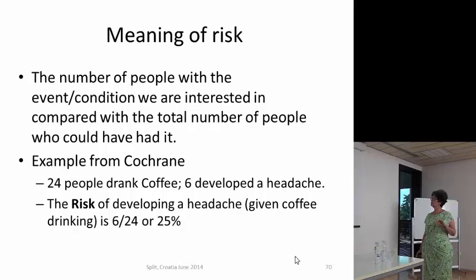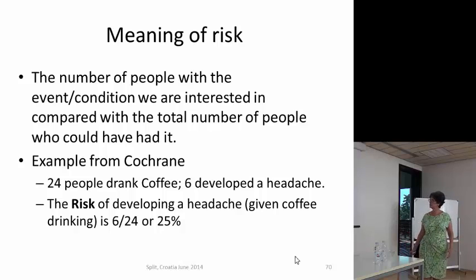So risk means you're interested in the number of people who have the event compared with the total number of people who could have had it. Okay? So if 100 people ate tuna fish sandwiches at the company picnic and 10 of them got food poisoning because the sandwiches were spoiled, then your risk would be 10 over 100.